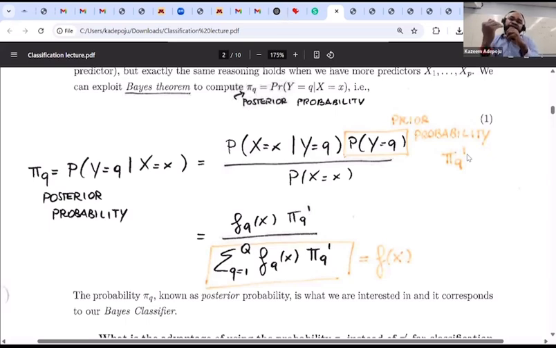So the idea is that if I start with a prior probability, if I have a prior belief about something, the moment information is available, my prior knowledge can be updated with the evidence. If somebody is accused of committing a crime in a court of law, before the court, the person will be assumed to be innocent until proven guilty, right?